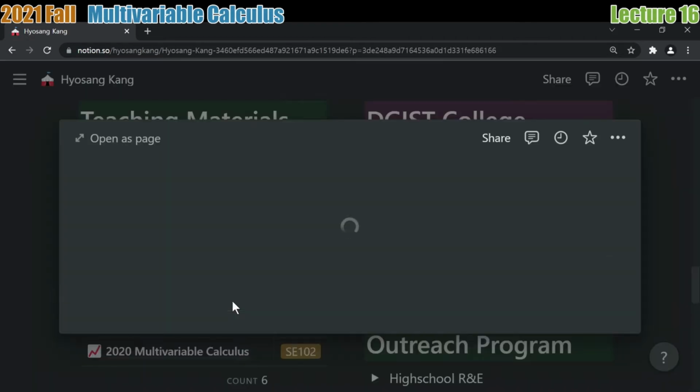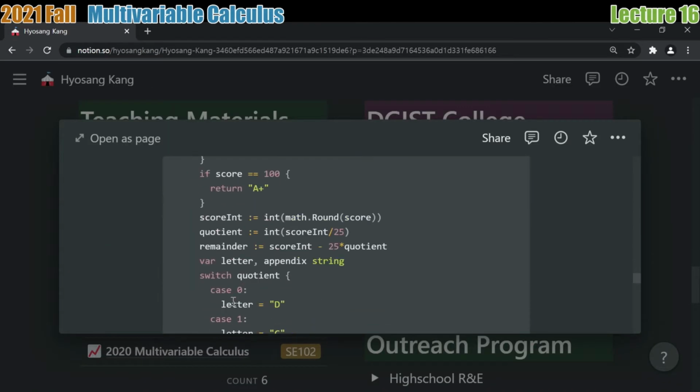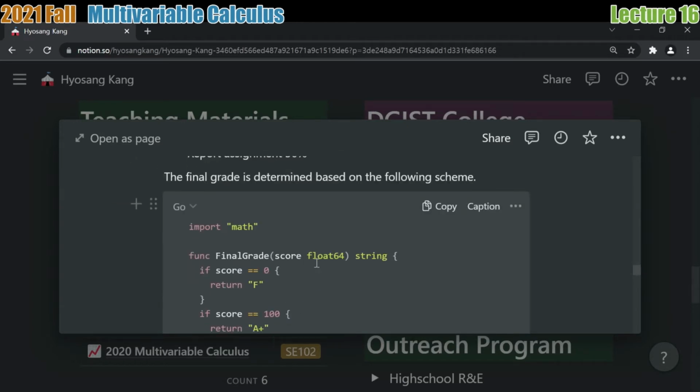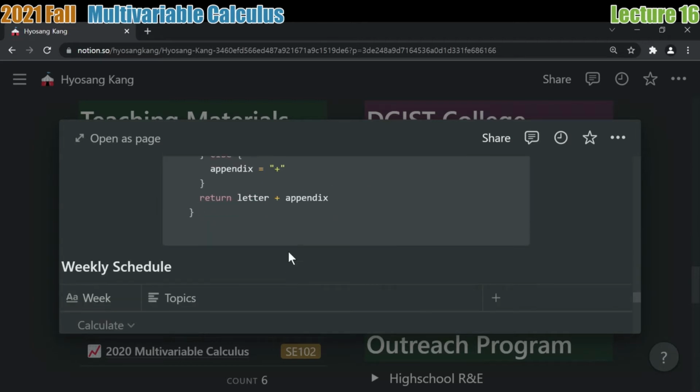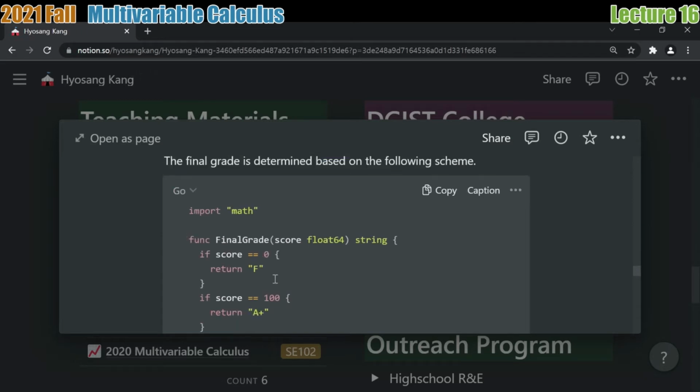Yes, here. So 40, 30, 30. This is a Go code, by the way. So if you think about this code, if you got 50 points over 100, then your grade is B minus. Okay. In order to get A plus, you should get at least 90.